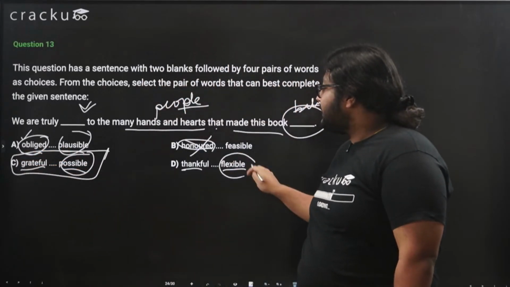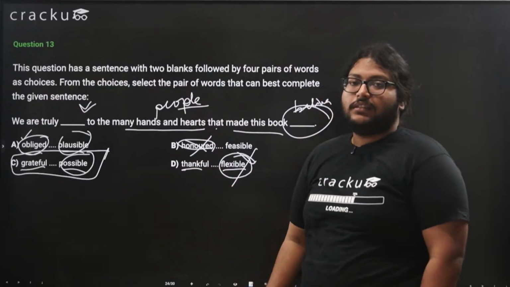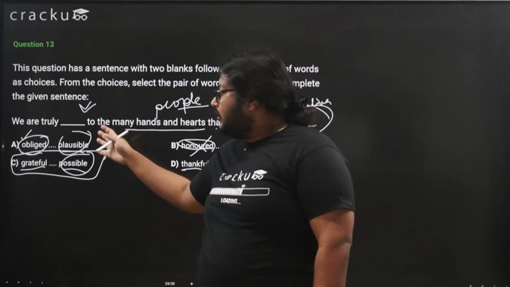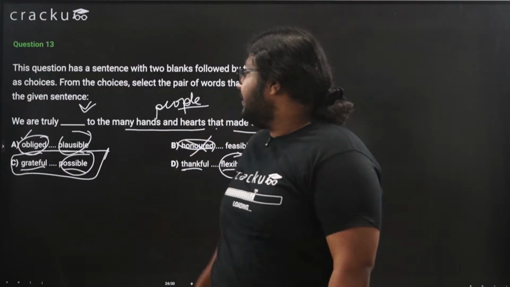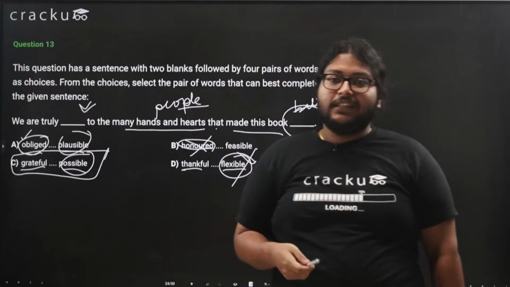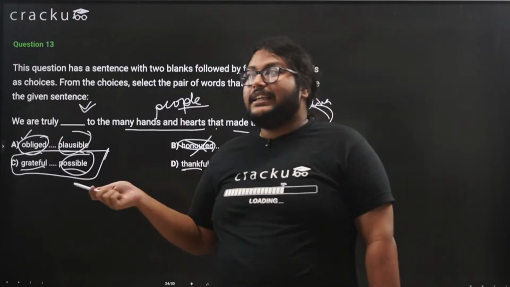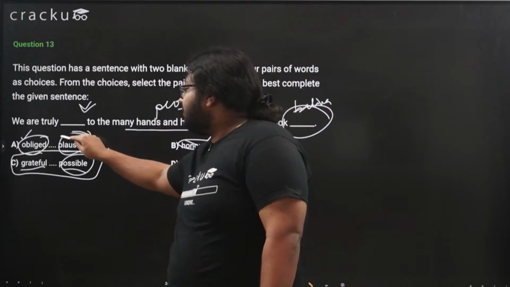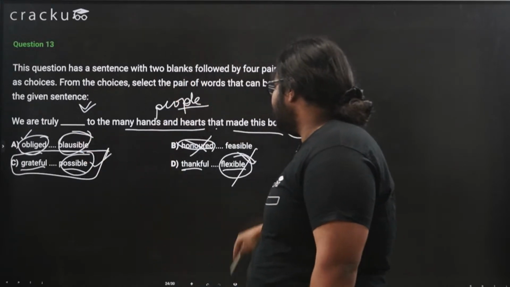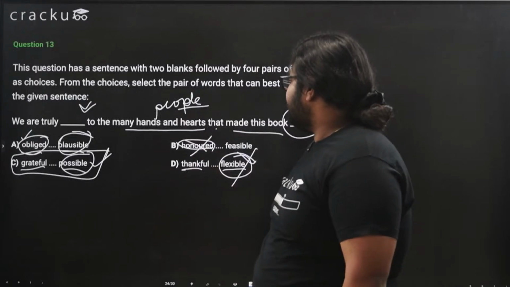Similarly, made this book flexible again doesn't make sense. So that is the thing: when you are not clearly sure which should be the correct word here, just plug the words in, try out the sentence, see which makes the most sense. Here clearly plausible to possible made more sense, flexible doesn't make sense at all.